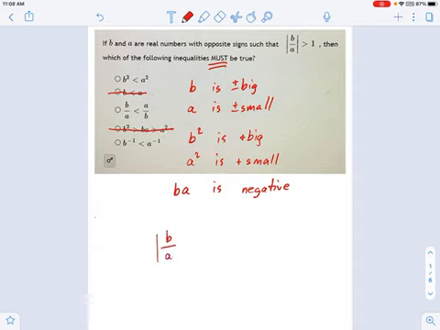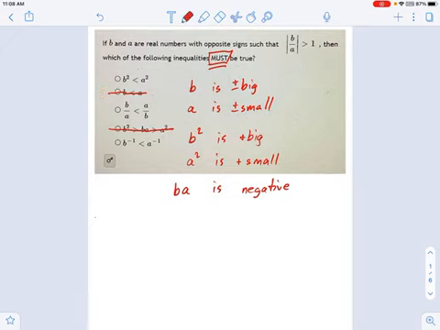Pretend that b over a is something like this, negative 10 over 3. According to the initial conditions, that could be true. And that is greater than 1. So it's a possibility that this one is true, right? There was a possibility of it being true, but it is not necessarily definitely true. I can't say it must be true. Okay, so that's why we crossed that one out.